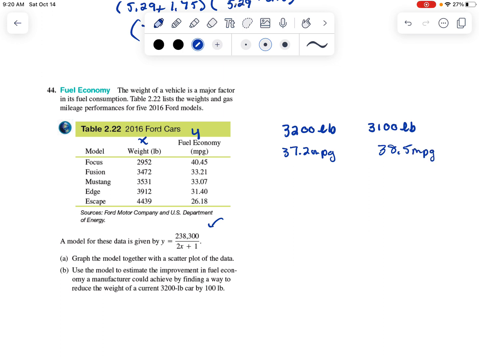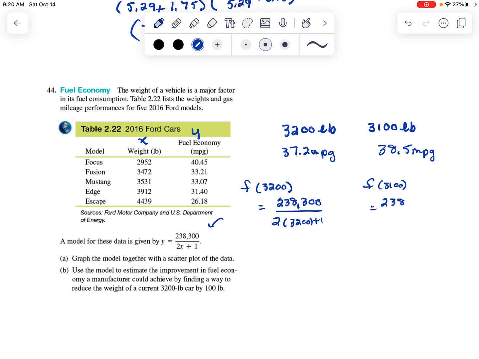We can calculate that directly. So if we find F at 3,200 from our model, 238,300 divided by 2 times 3,200 plus 1, and we can find the gas mileage for a car that's 3,100 pounds.